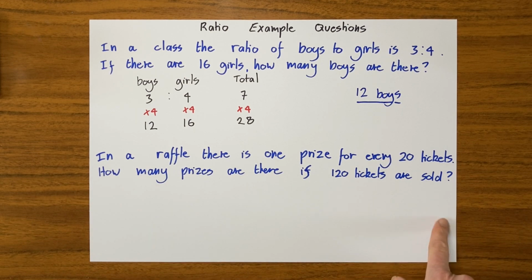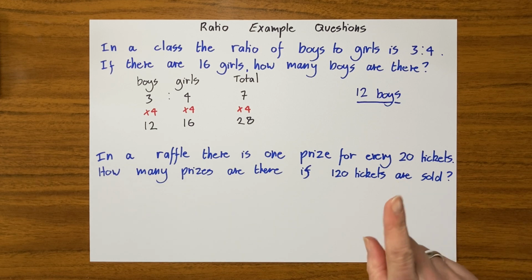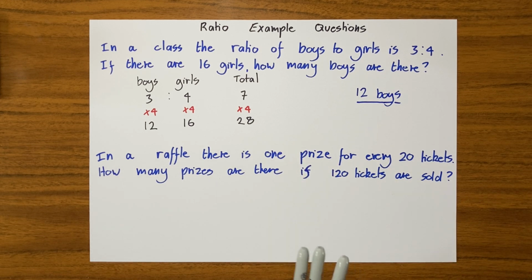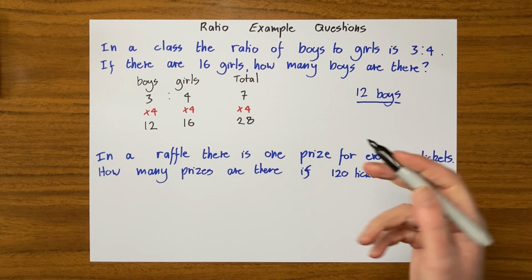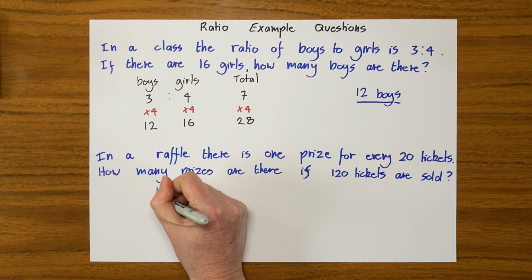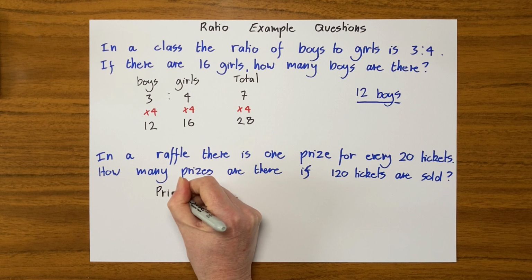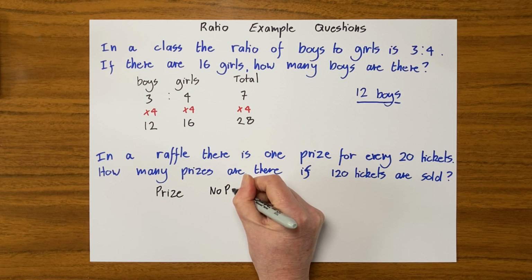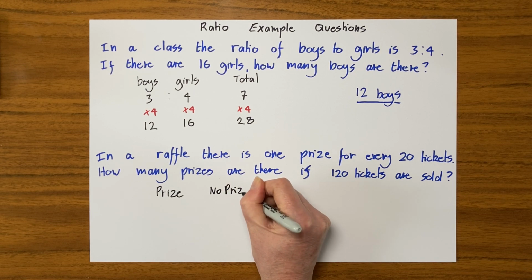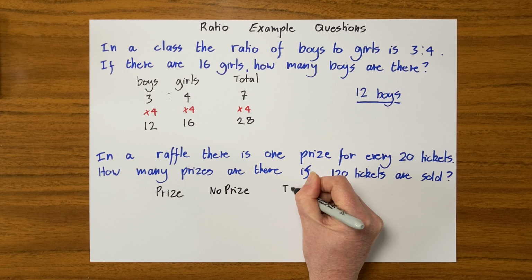Out of those 20 raffle tickets, 1 of them is going to win a prize. So I'm going to write for my columns prize, no prize, and then total tickets.